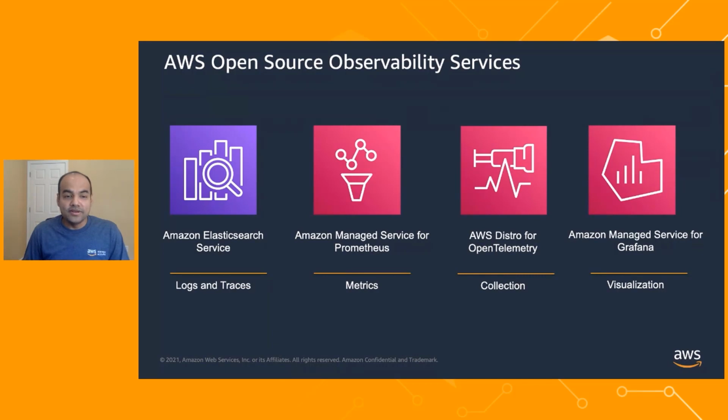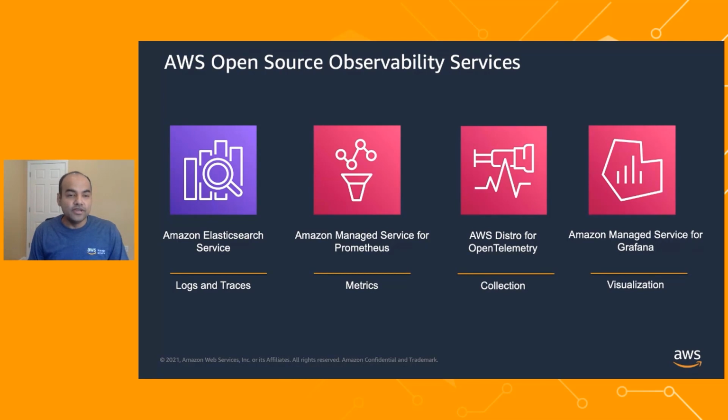AWS Distro for OpenTelemetry, which we'll talk more about, but this is for collection. And Grafana for visualization. So all 3 pillars of observability, that is logging, metrics, and traces, are covered by open source observability services available as a managed service on AWS.